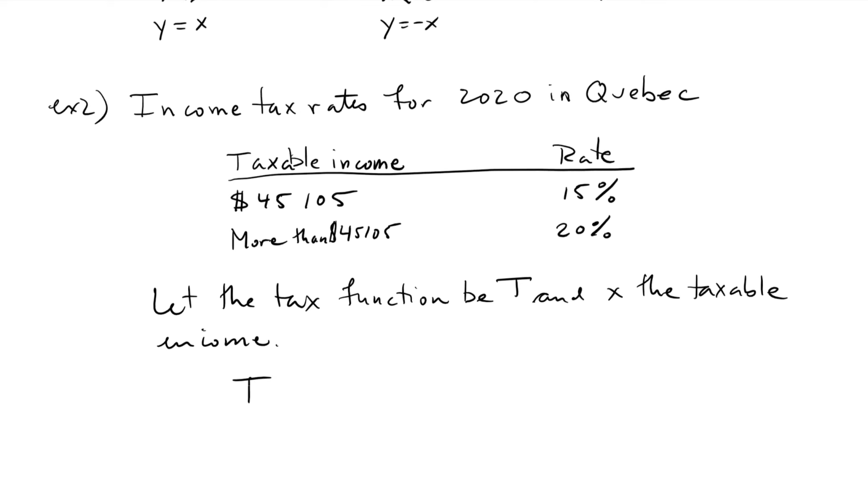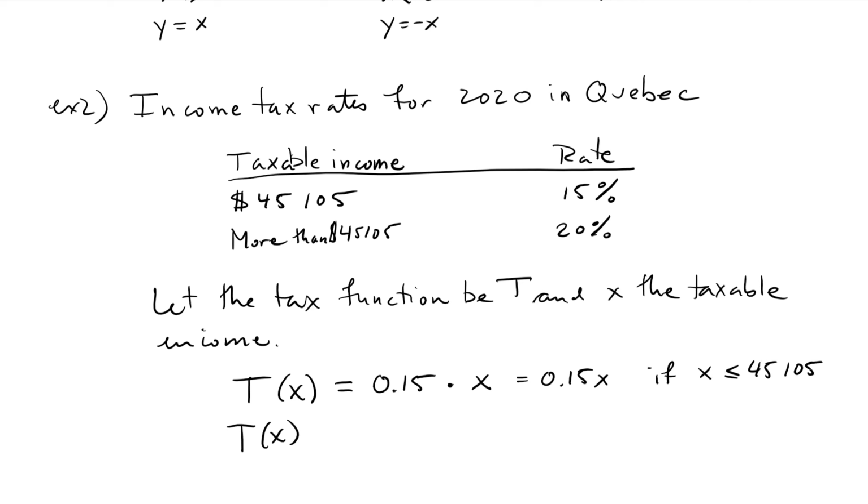What I'd like is to find a formula for T of X. Now, if I earn less than 45,000, it's pretty easy. It's going to be 15%, so 0.15, multiplied by my taxable income. So we can just write 0.15x, if X is less than or equal to 45,105.